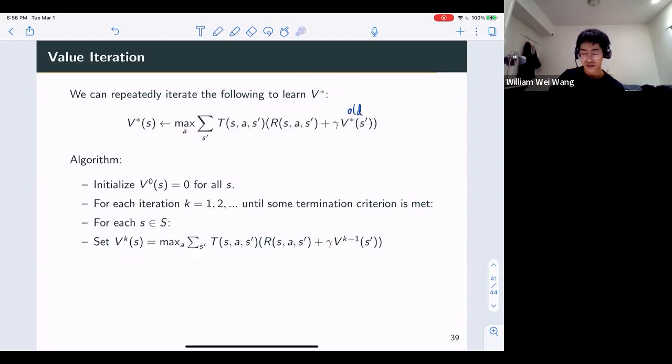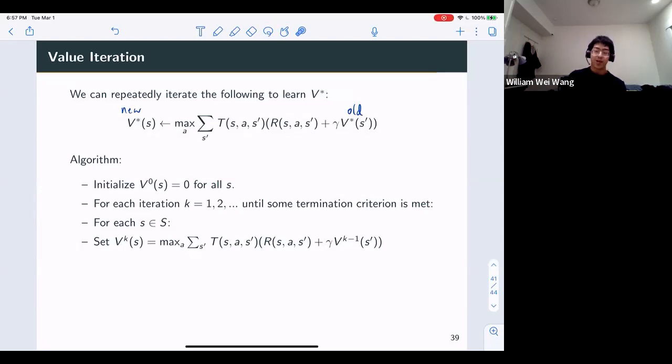Then our new estimate of V star of S is based on the old estimate, right? So we repeatedly do this, and hopefully this converges. And once this does converge, we end up with a V star which should satisfy this, which should be optimal from what we talked about before.